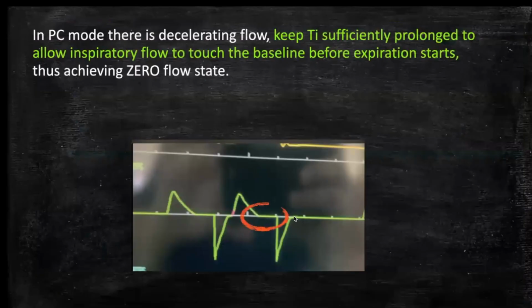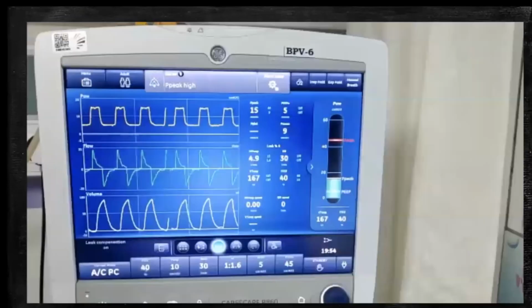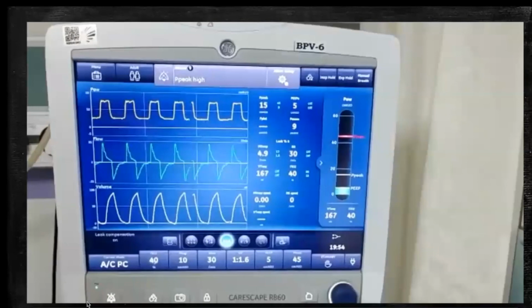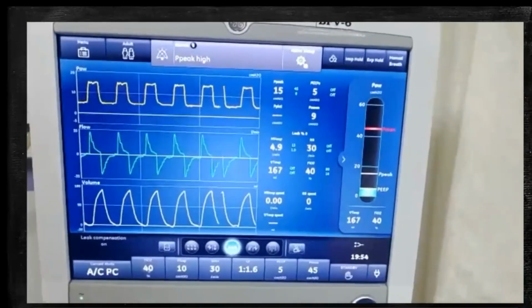In pressure control mode, again, you need to make sure that your I time is sufficiently long so that your decelerating flow is touching the baseline, and then apply inspiratory hold just like in volume control mode and measure the Plateau pressure. This is a pressure control mode.